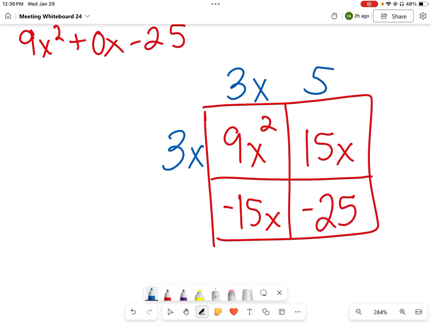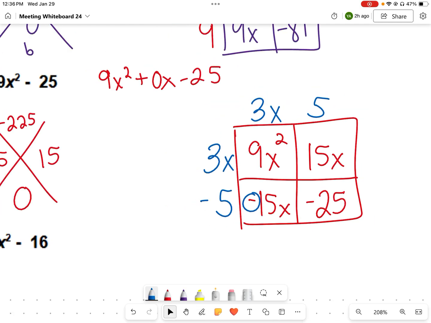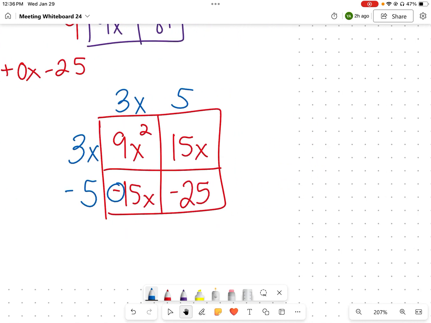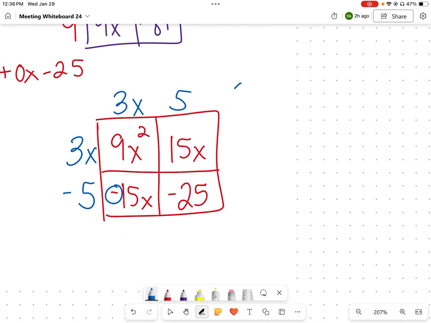It's going to be 5. And so then this, because this is negative, that's going to be a negative 5. And the last step, negative 5 times 5 is negative 25. So that means our box works out. So then our solution is 3x plus 5 times 3x minus 5.